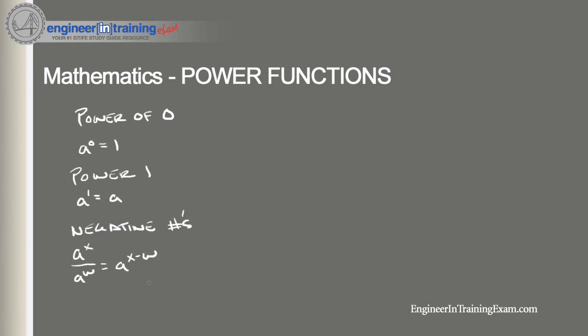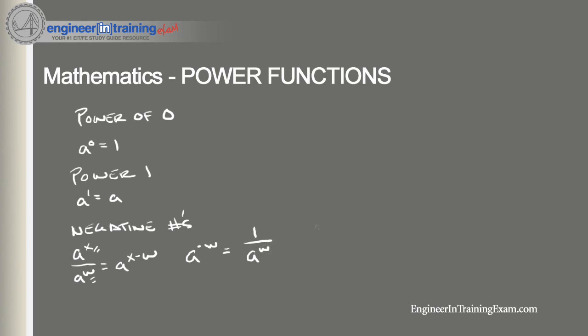But what happens when w, the power in the denominator, is larger than the power in the numerator? Since the larger exponent is on the bottom, it shouldn't be a surprise that a base raised to a negative exponent, say a raised to the negative w, is actually rewritten as 1 divided by a raised to the w.